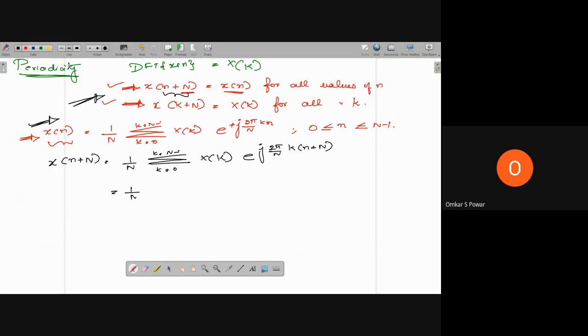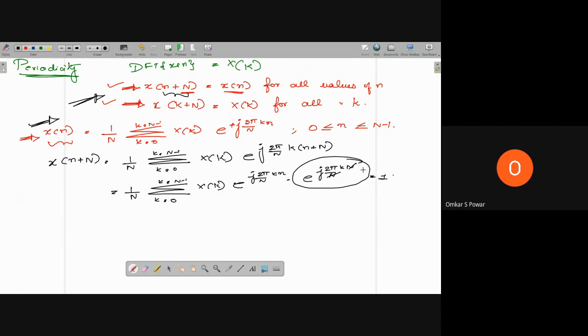So 1 by N summation k varies from 0 to N minus 1 X of k e power j 2 pi by N k into n, times e power j 2 pi by N k into N. So in this term, N and N cancel, so this whole term is equal to 1.